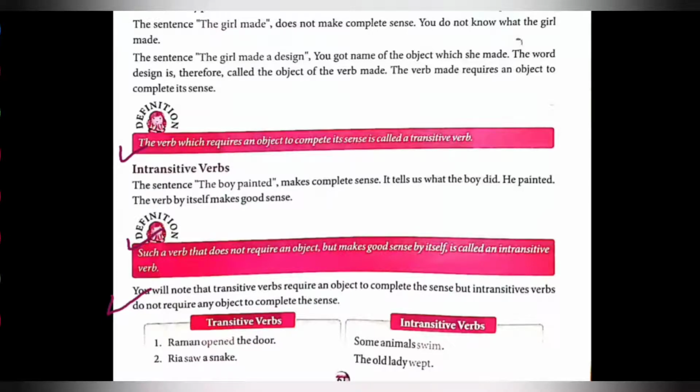So the action opened needs some object to make sense. So this is a transitive verb. Some animals swim. Here the action swim, the verb swim, does not require an object. So it is an intransitive verb.